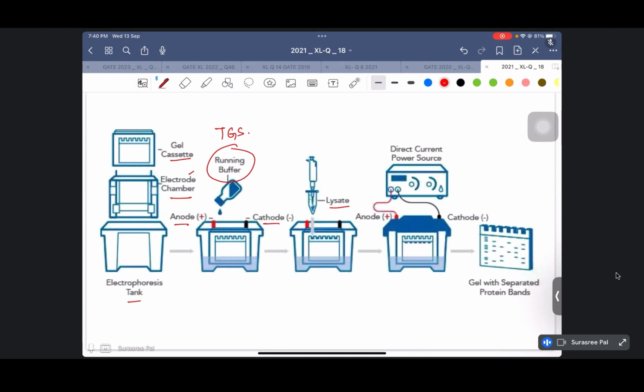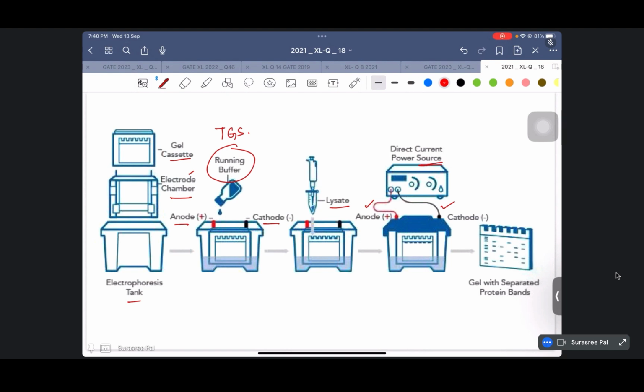And then you attach these electrode leads, the wires, to the power source. You set a specific voltage and a specific milliamps, okay? And then you allow the gel to run. It will take some time, for example 40 minutes, 1 hour, for the whole thing to run.